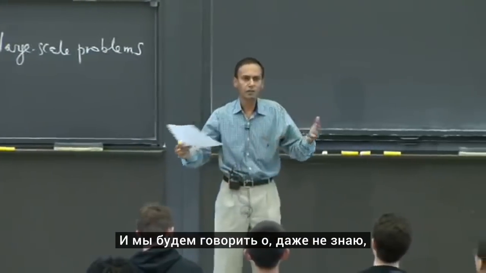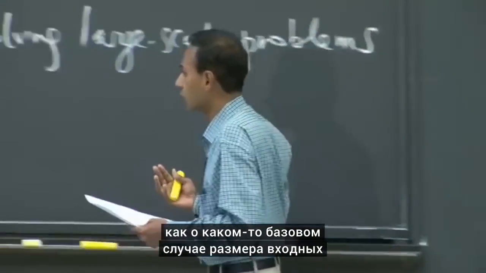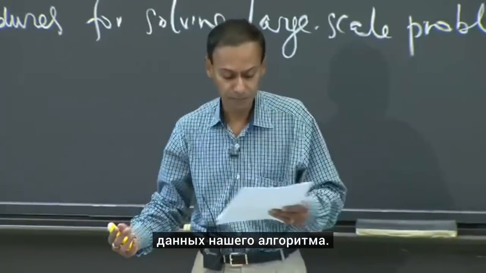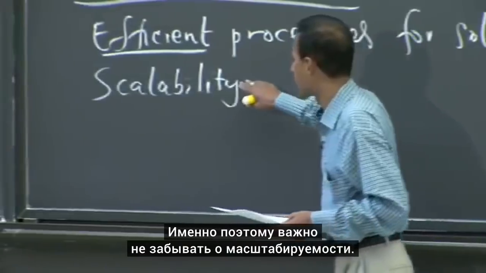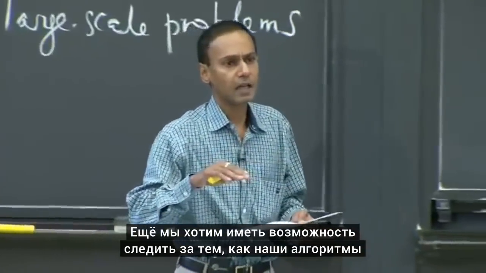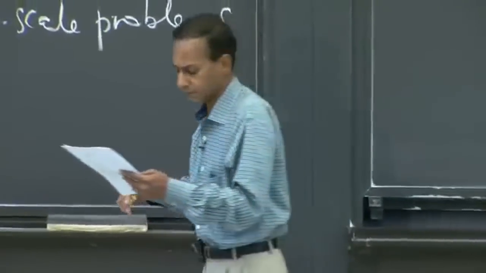And we're going to be talking about, I don't know, 10 raised to 18 as being something that we're concerned with from a standpoint of a common case input for an algorithm. So scalability is important, and we want to be able to track how our algorithms are going to do as inputs get larger and larger.